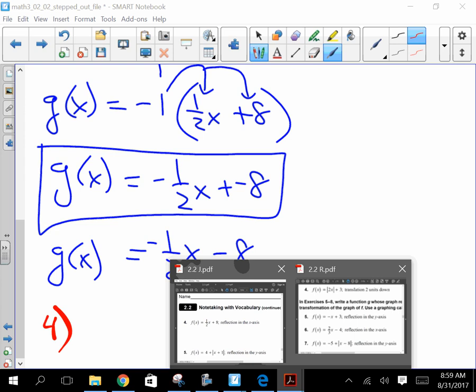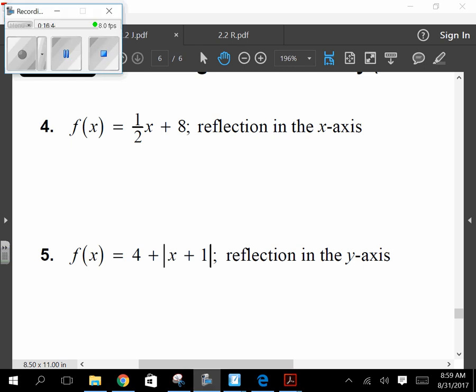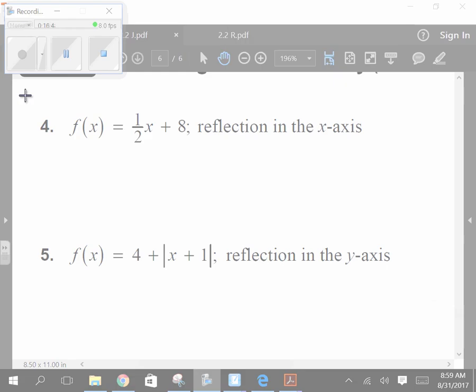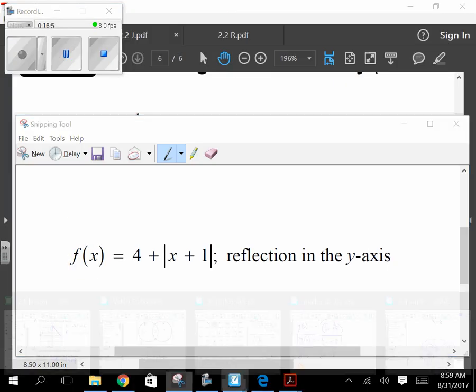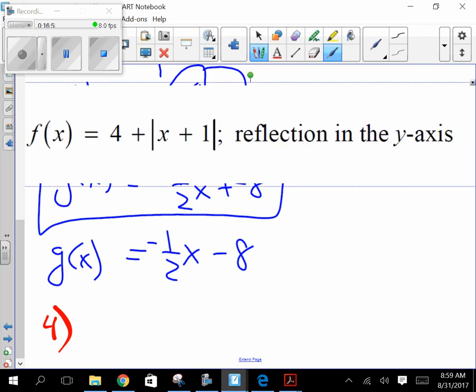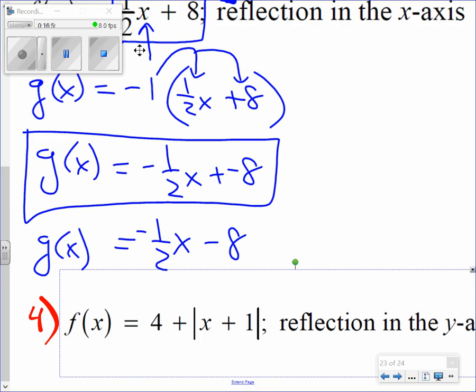All right, example 4. Let's do this one. So same mission.